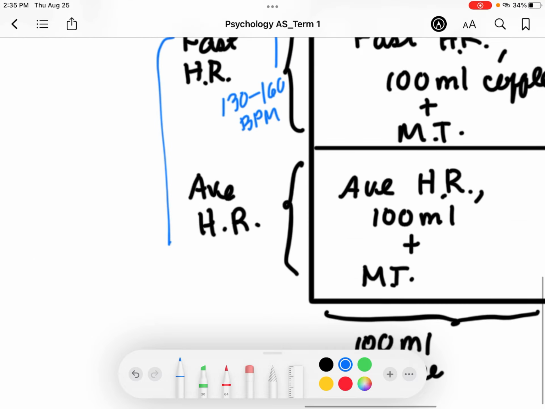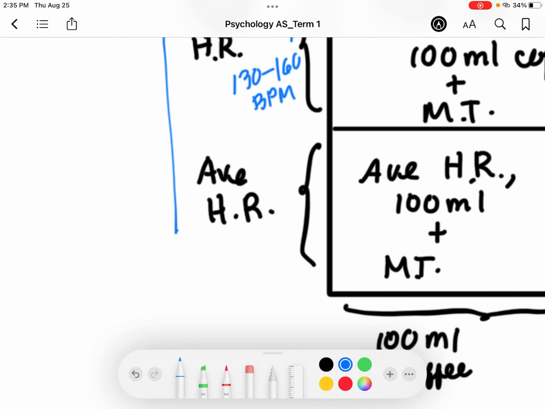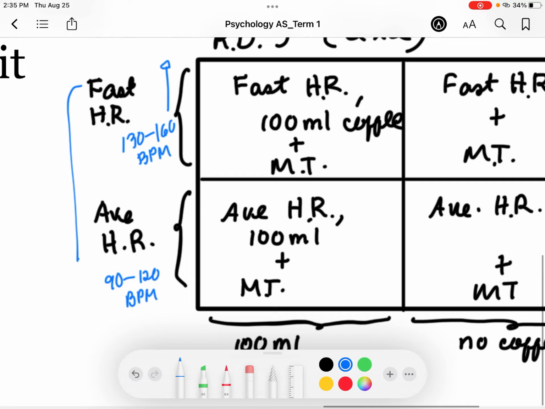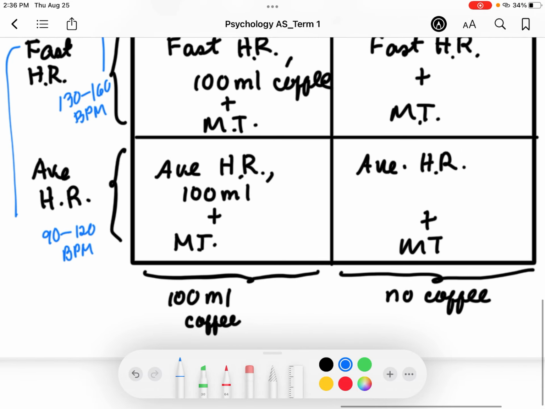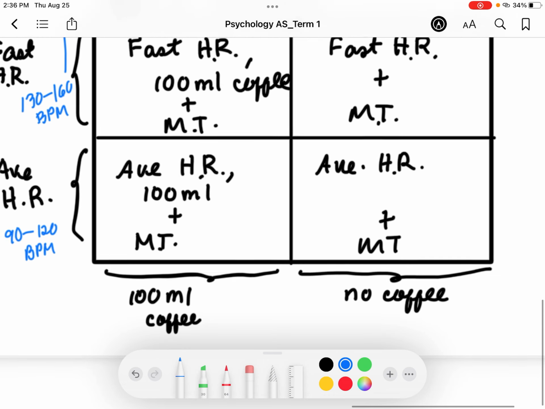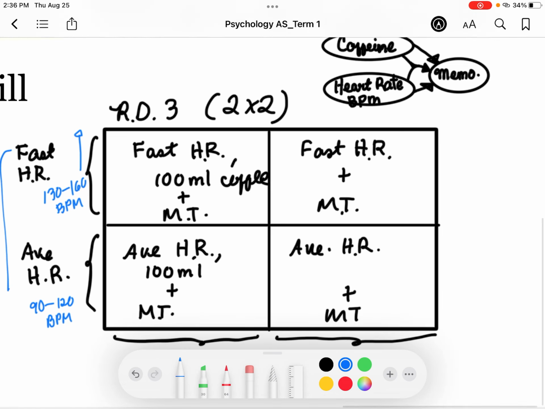Anything higher than that would be a medical emergency, I guess. And then average would be, I'm not sure, maybe 90 to 120. Let's put it that way, right? Sorry, not medically inclined. All right. So 100 milliliters of coffee or no coffee. So this time we simplified it for the coffee variable.